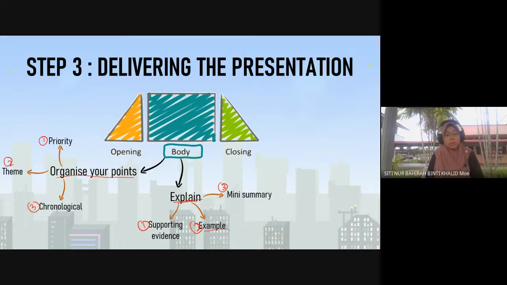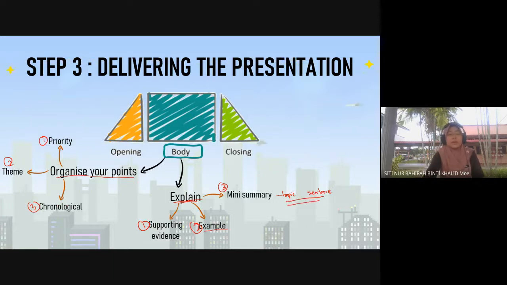So, contoh-contoh dia. And then lastly, when you are trying to summarize, this is what we call a topic sentence. This is when you try to make it clear what is the main idea of that paragraph. Okay, so like we learned in the previous lesson, you must have a topic sentence.